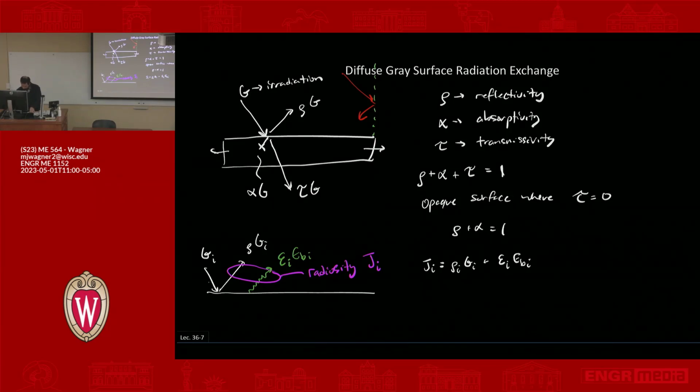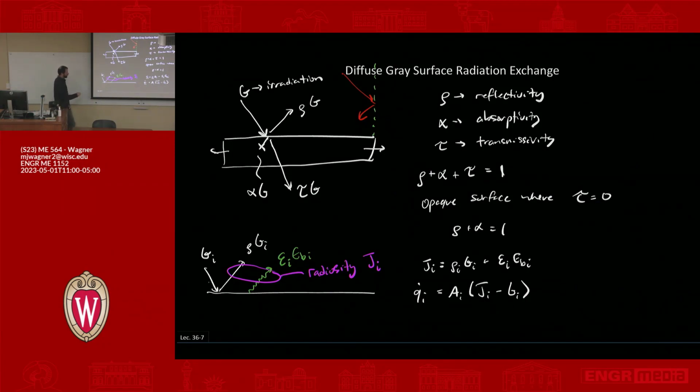The energy balance on the surface itself says Q dot at I, the net radiation from the surface, what's either absorbed or emitted, has to be related to these things. And that's going to be equal to the area, AI, times the radiosity, Ji, minus the incident irradiation, Gi.